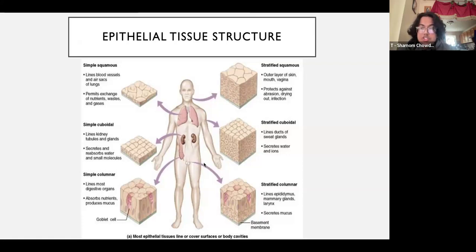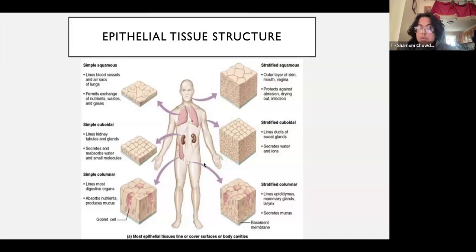There's simple cuboidal and stratified cuboidal. Simple cuboidal lines the kidney tubules and glands, and helps with reabsorption and secretion of water. Stratified cuboidal lines the ducts of sweat glands, and also helps with secreting water and other ions. Lastly, there's simple columnar and stratified columnar.